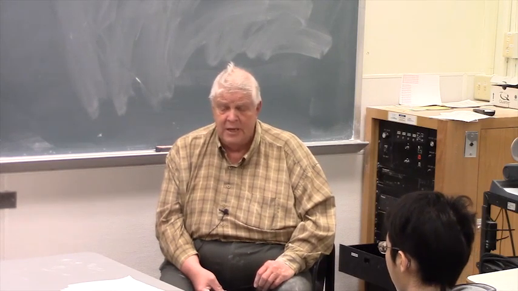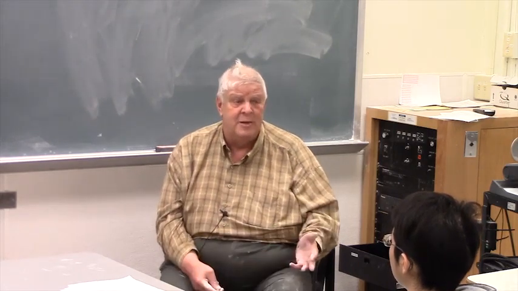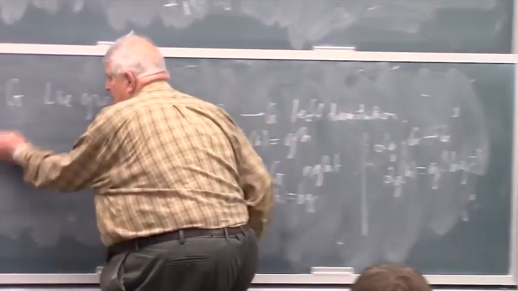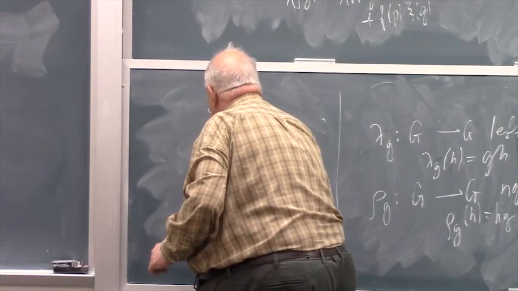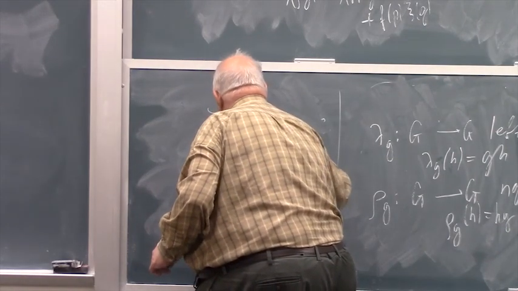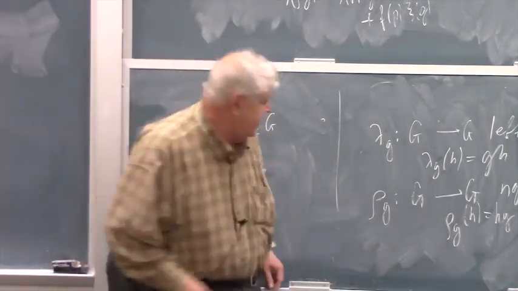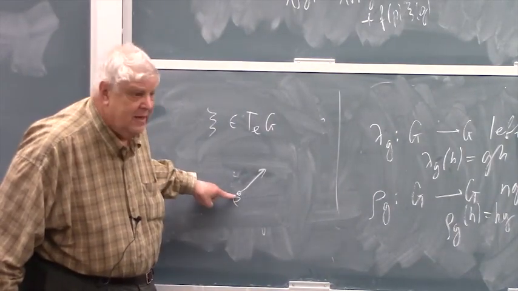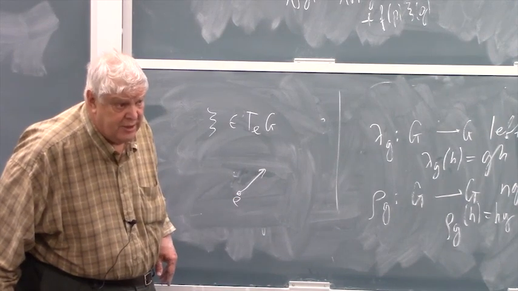Now I want to say, this is the last thing I can say today, but it is again extremely important. Suppose that we have some element of this space, just a tangent vector at e. What happens if I apply to this tangent vector all left translations, or maybe better to say differentials of left translations?